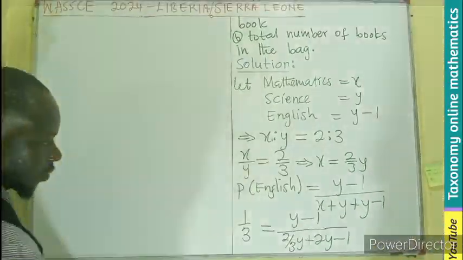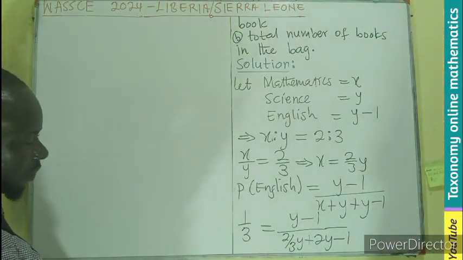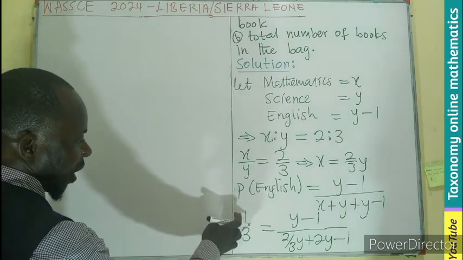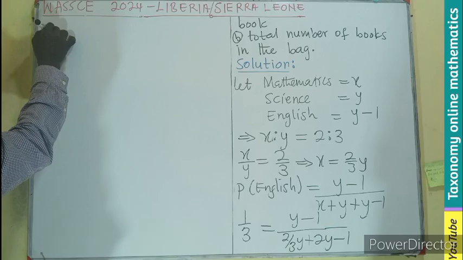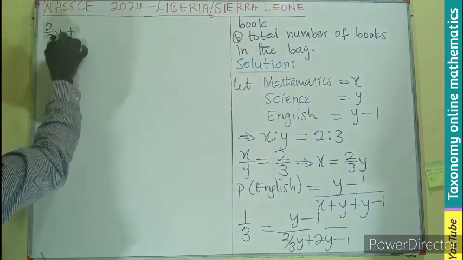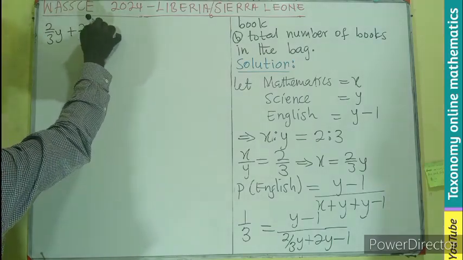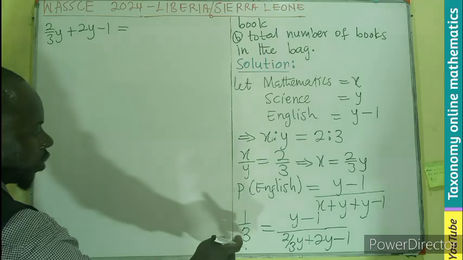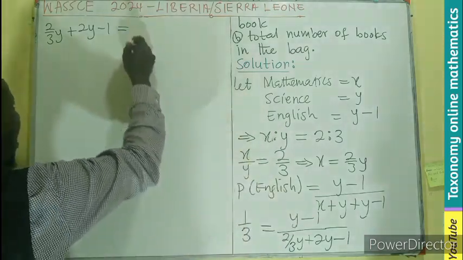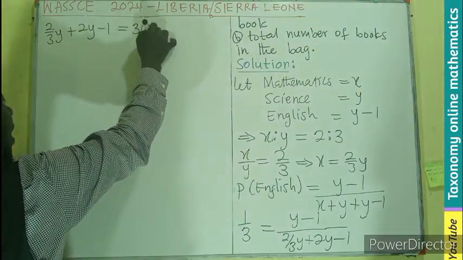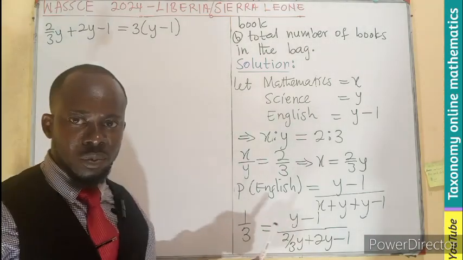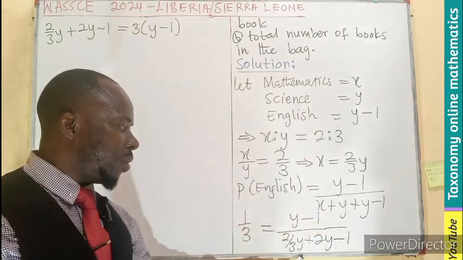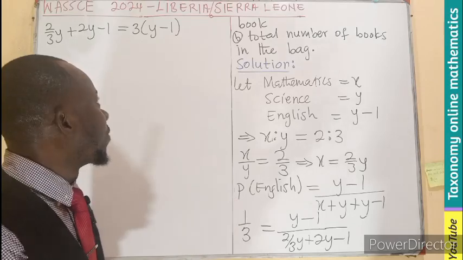Okay, but let's cross multiply. If you cross multiply, this is 1. Multiply everything in there. So that gives you 2/3 Y plus 2Y minus 1 equals 3 into bracket Y minus 1. What are we doing? We are doing cross multiplication: everything in the denominator multiplies the numerator.